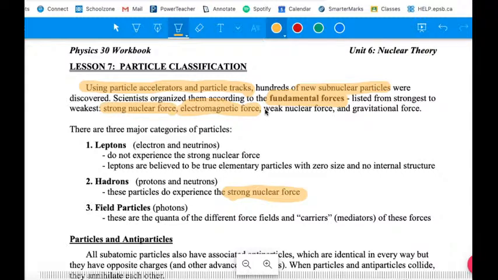Then we have weak nuclear force, which we will get into a little bit more in depth today. It has to do with turning protons into neutrons and neutrons into protons. And finally, gravitational force, which is kind of the missing piece or a bit of a gap in the standard model.